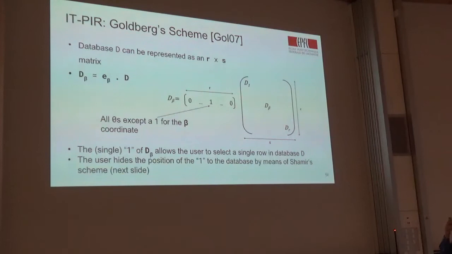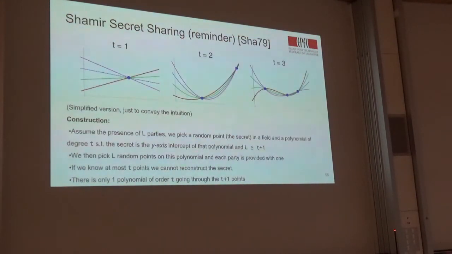So we need to be a little bit smarter, so we come with this Shamir secret sharing. Now, Shamir secret sharing is a nice way of how you can distribute a secret over more than t plus 1 parties, over as many parties as you want, but you need t plus 1 points.